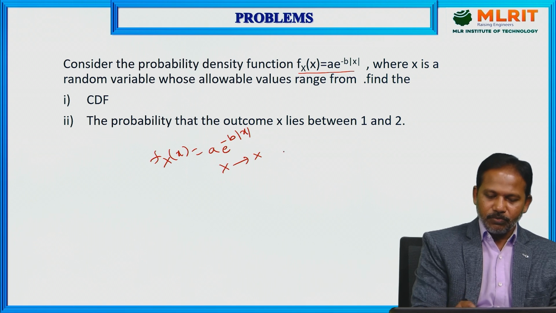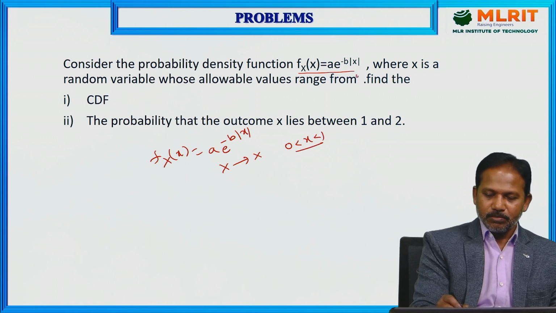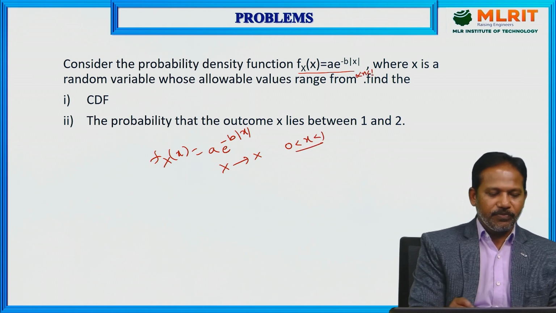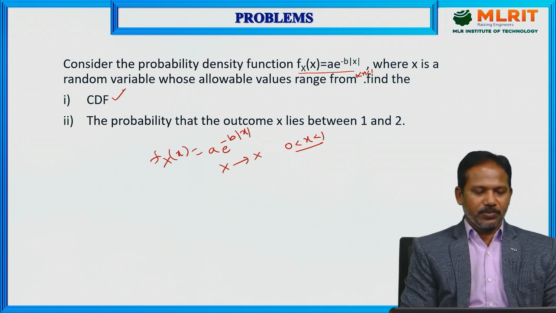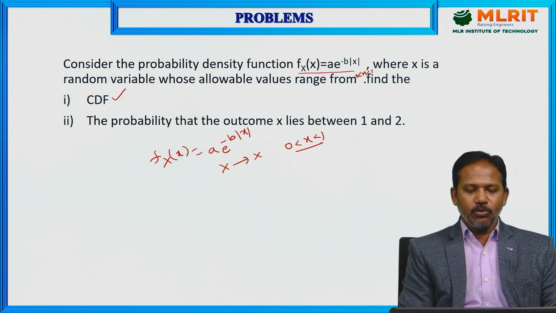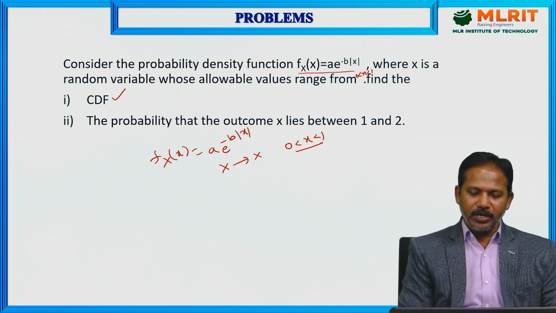So here we need to use the range 0 to 1, 0 less than x less than 1. Find the cumulative distribution function and the probability that the outcome x lies between 1 and 2.